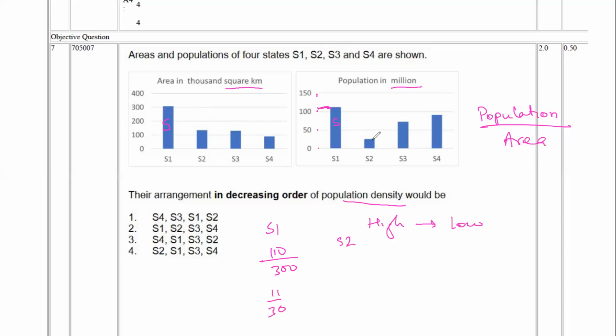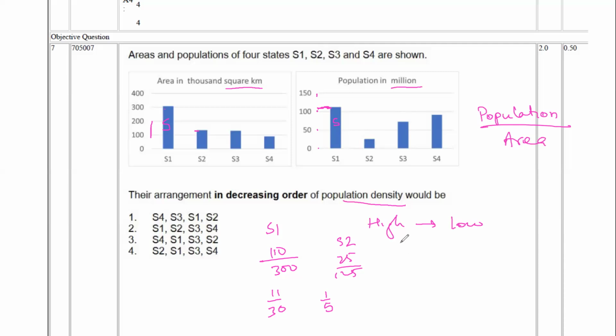S2 is around 25, and this one is around 100 and there's a gap of 100. So I'll take this as 120. Yeah, or maybe 125. So that is 1 by 5. Then S3 is between 50 and 100, a little less than the mid number.